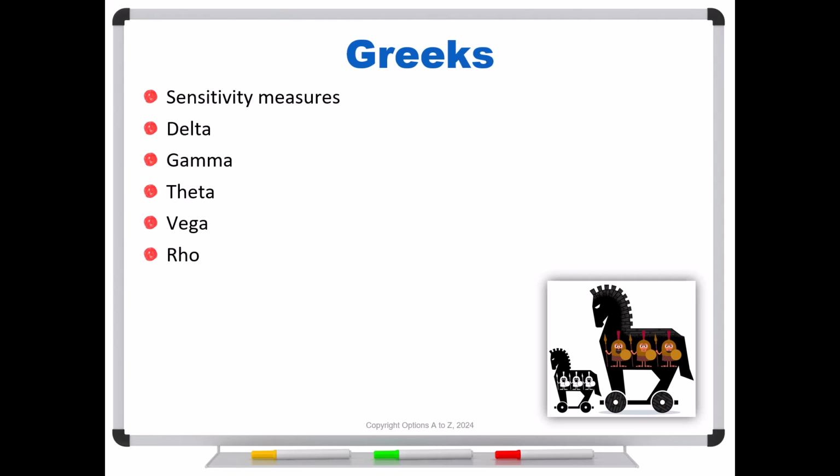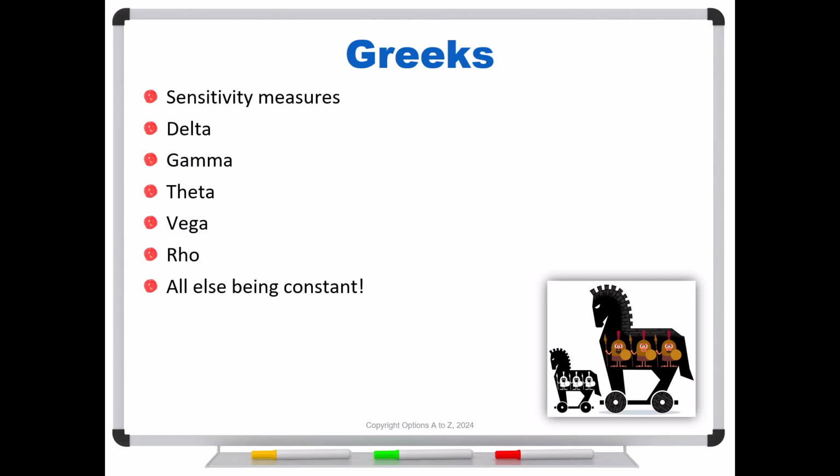Now, before we get started, super important right here. One of the big mistakes that people make when interpreting these Greeks is forgetting that this assumes all else is being held constant. So for example, we're going to find out that Vega is for volatility. How sensitive is my option's price to a change in volatility? Well, that's a hard question to answer because if volatility rises, chances are stock prices are falling.